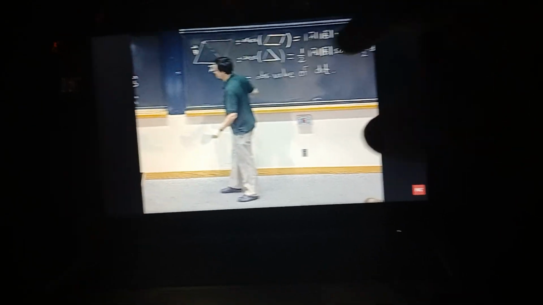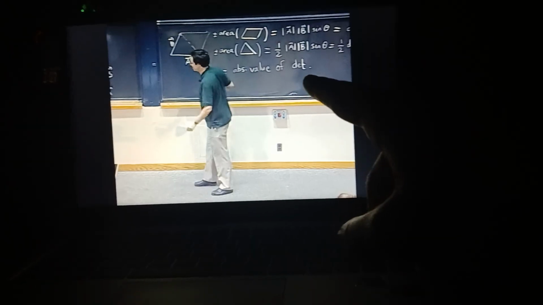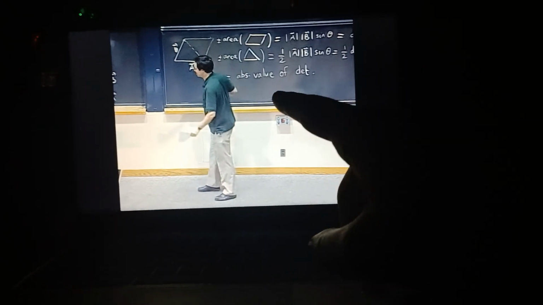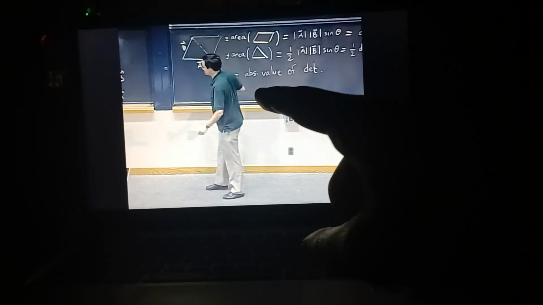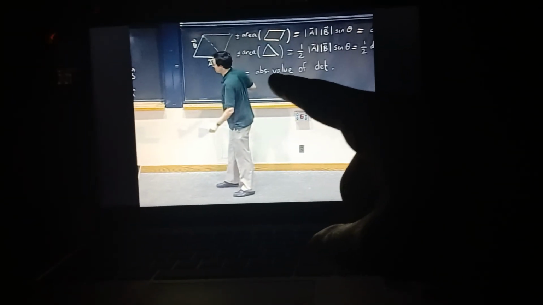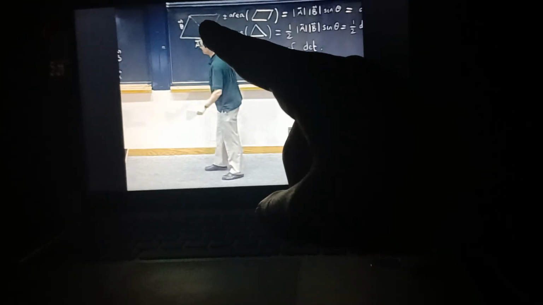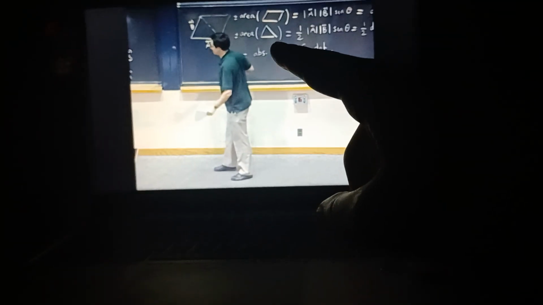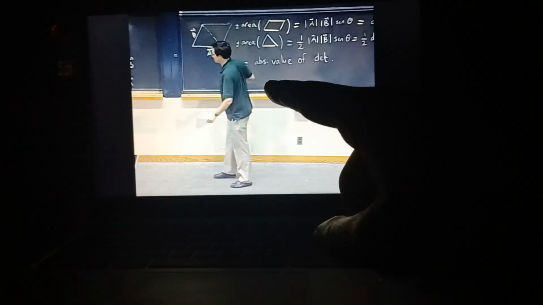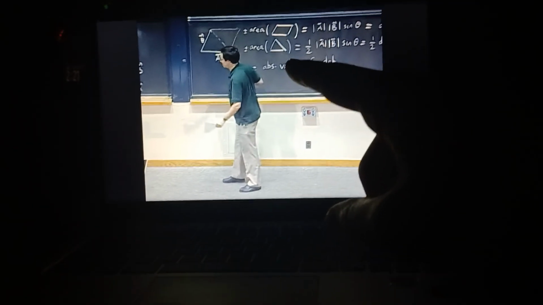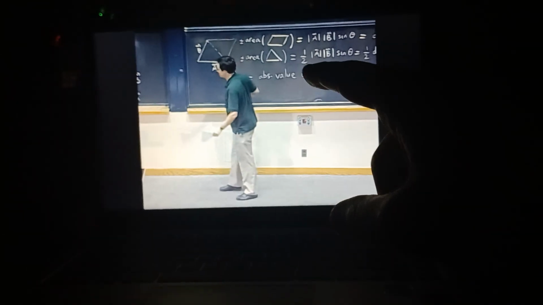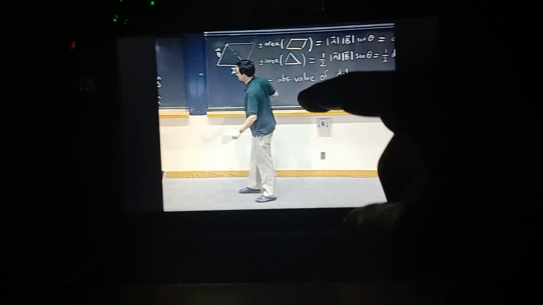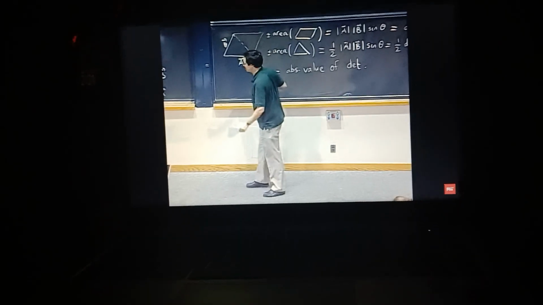So then it becomes the area divided by the unit vector, which is the b component. The displaced area is like an energy.